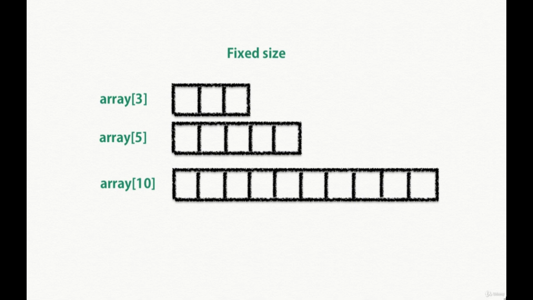So if we allocate an array with size 500 and only add a few values in it, the rest will get wasted. So we have to make an array of the size that is required. Let's learn arrays in detail in our upcoming sessions.